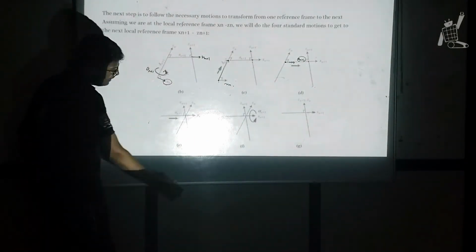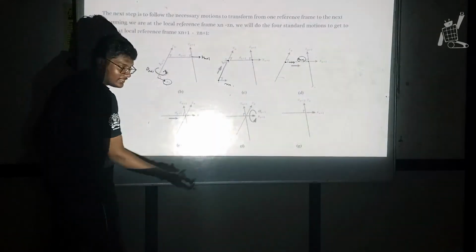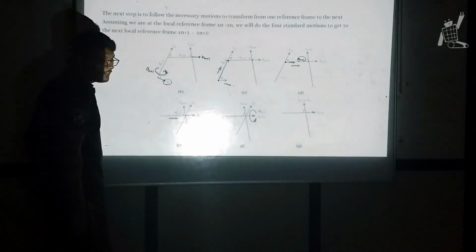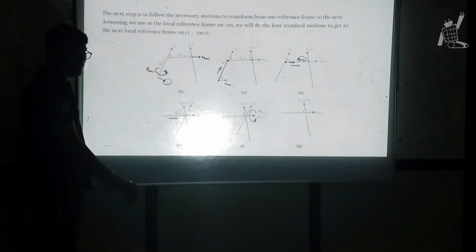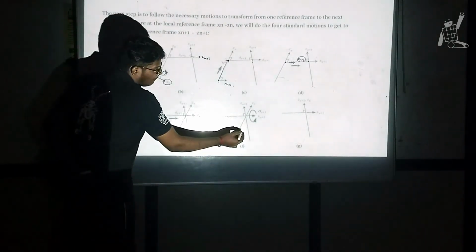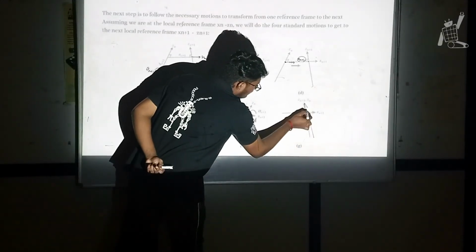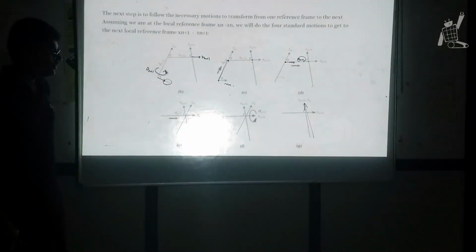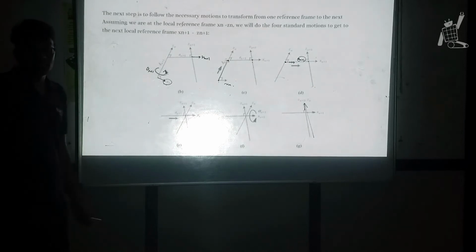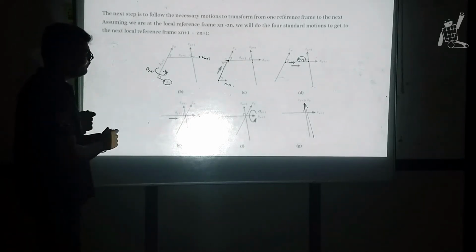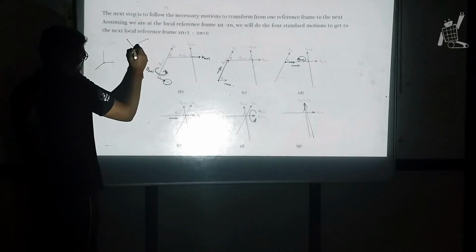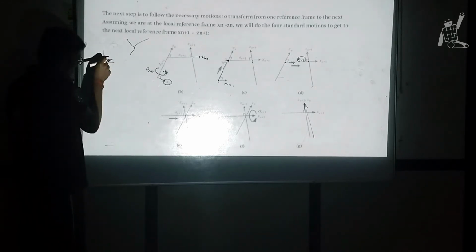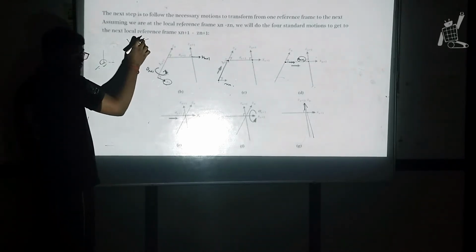Next, there is an angle between the z plus 1 axis and the z axis, that is alpha n plus 1. So you need to rotate that also. The z axis needs to rotate by an angle of alpha n plus 1 to perfectly match with z plus 1, so that both frames are completely aligned. That is the only thing that we are doing. If one frame is here and another frame is somewhere else, we are bringing this frame to there.